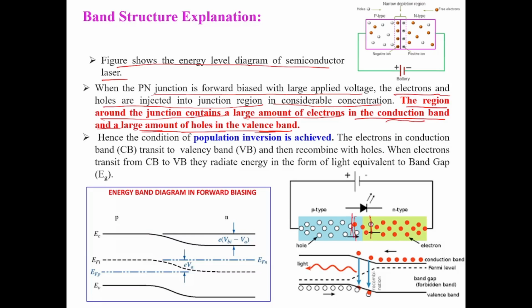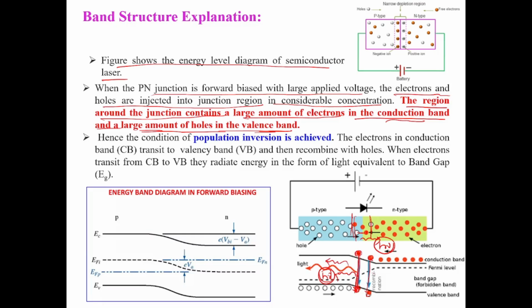So suppose one electron and hole pair recombine, whatever energy is released will stimulate other electrons to transit to the lower state, or we can say transit from the conduction band to the valence band and recombine with holes, which will eject another photon. Suppose one photon stimulated this electron, and this electron recombines, another photon will be generated.